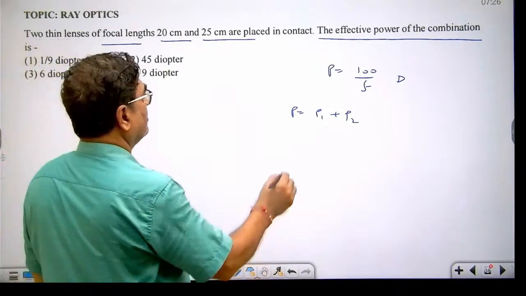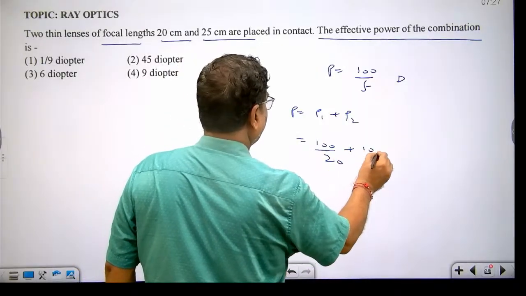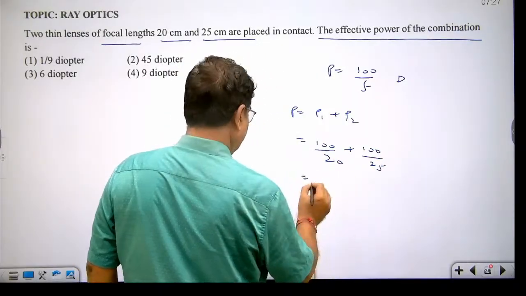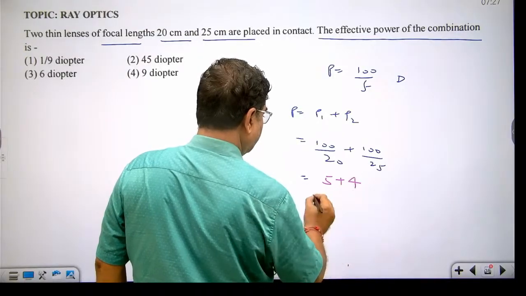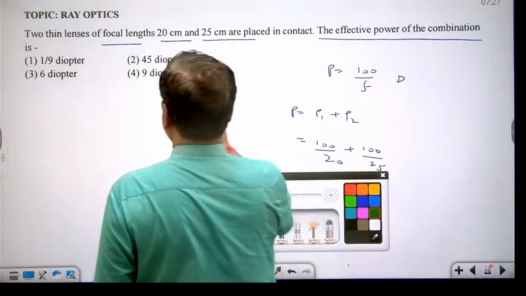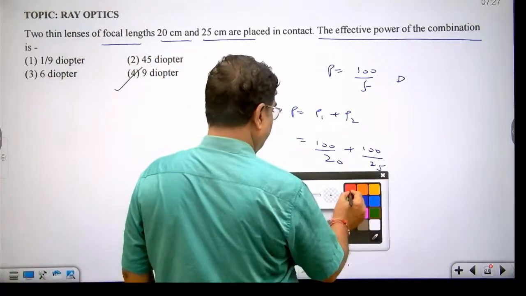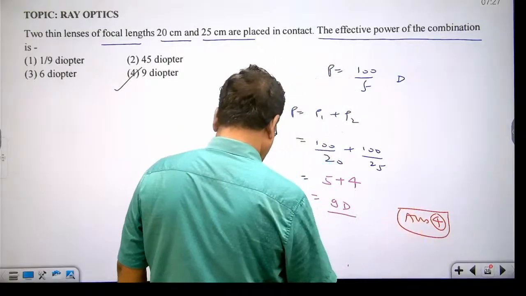So 100 upon 20 plus 100 upon 25. So this is 5 plus 4. This is 9D. Okay. So out of 4 choices, the correct choice is option 4. Option 4 is the correct answer.